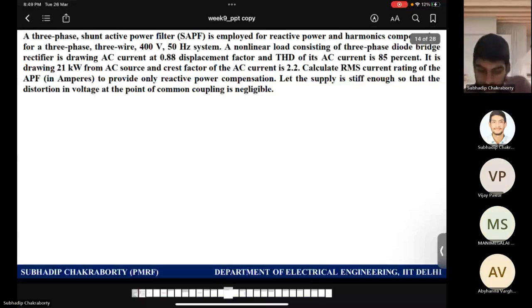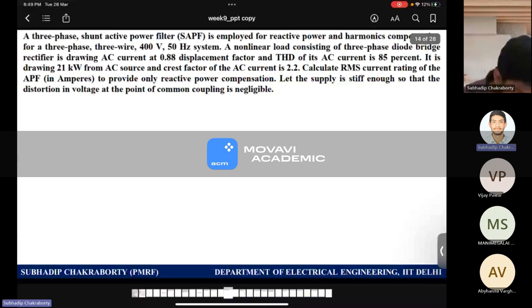Okay. So displacement power factor is 0.88 and crest factor is given as 2.2. And efficiency is 85%.